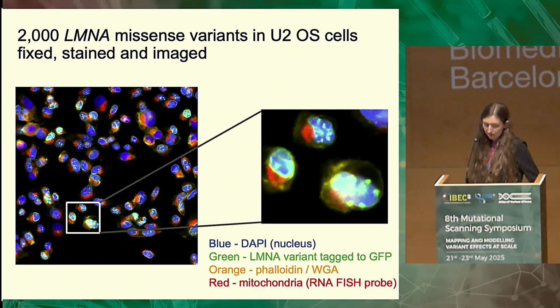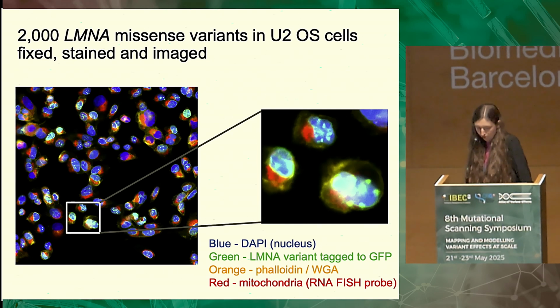The image shown here is a library of these LMNA variants. As you can see, we can measure nuclear morphology using a DAPI stain. We tagged the LMNA variant with GFP, so we can see its localization within the cell.